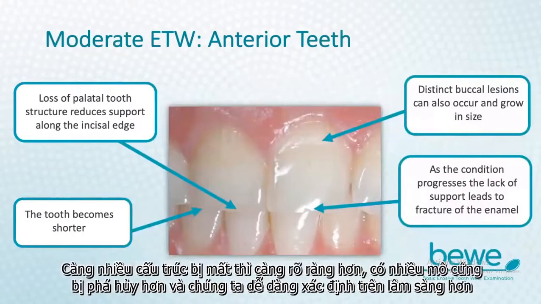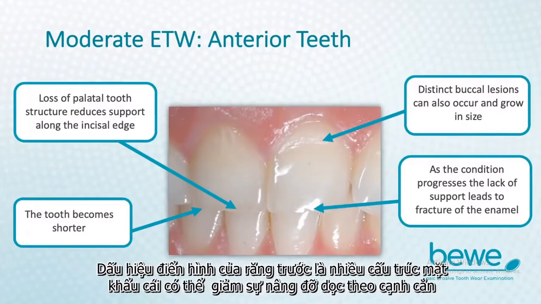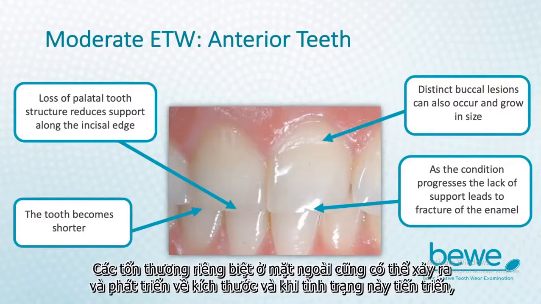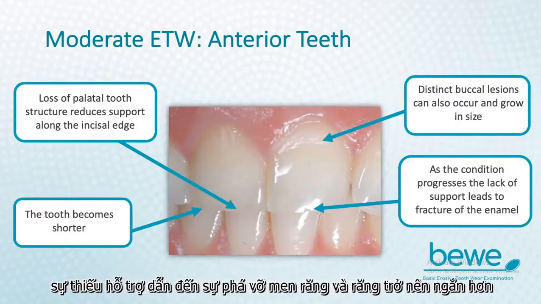As enamel destruction becomes more pronounced, there is more hard tissue destruction and it becomes easier for us to identify clinically. Typical signs of anterior teeth are loss of palatal structure, which can reduce the support along the incisal edge. Distinct buccal lesions can also occur and grow in size. And as the condition progresses, the lack of support leads to fracture of the enamel and the teeth become shorter.